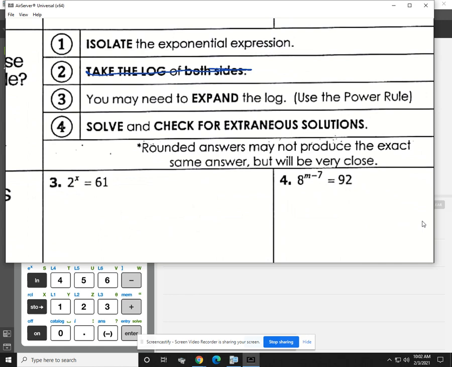We are not going to take the log on both sides. We're going to rewrite it as a logarithm. That's going to be our method. We're not going to need step 3 because we're using a better method than what they're trying to tell us to use, okay? Let me explain.